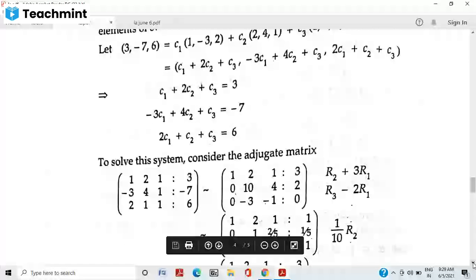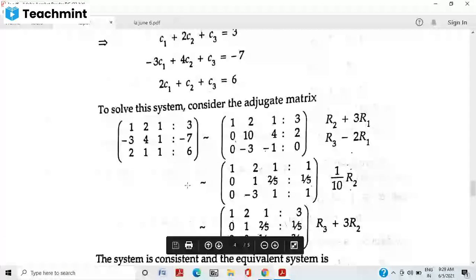Now we can use the row reduced echelon form. Row reduced echelon form, I hope all of you remember. What will we do? We will make these two elements 0. For that, what can we write? First, here it is -3. I should make that 0.